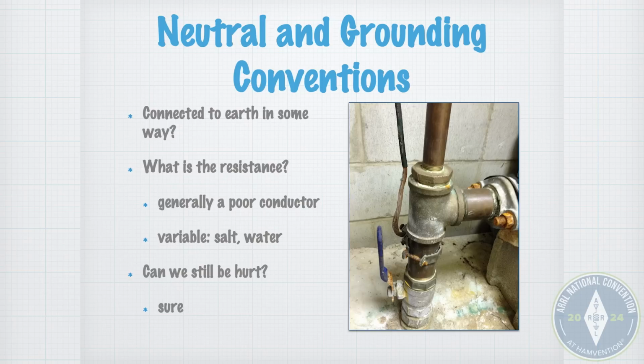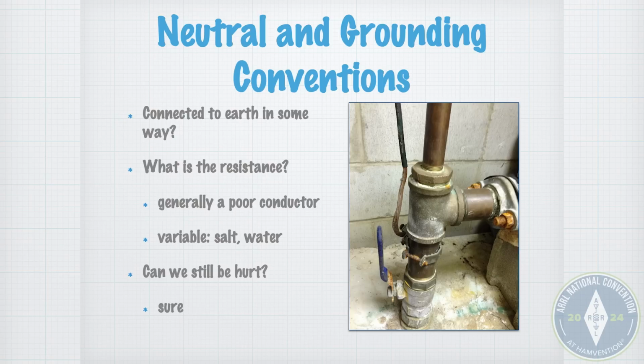So we connect this to the earth, and I'm going to be more explicit about that now. We have this big water pipe, for example, that's down in the dirt, and it connects to the dirt. And is dirt a really great conductor? Not really. It's a very unpredictable conductor. It depends on the type of soil and stuff.